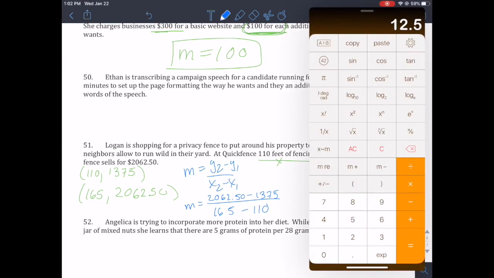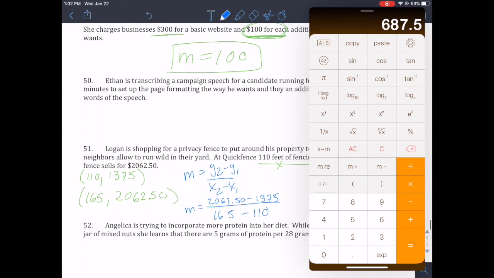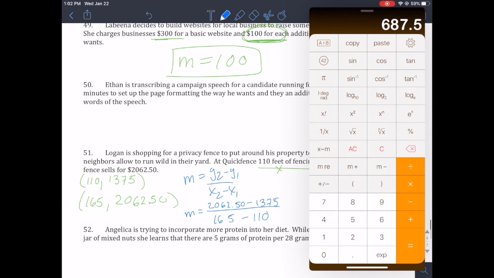Perfect. There we go. So let's clear this out here. So we've got 2062.5 minus 1375 equals 687.5. The bottom I can see is going to be just 55.